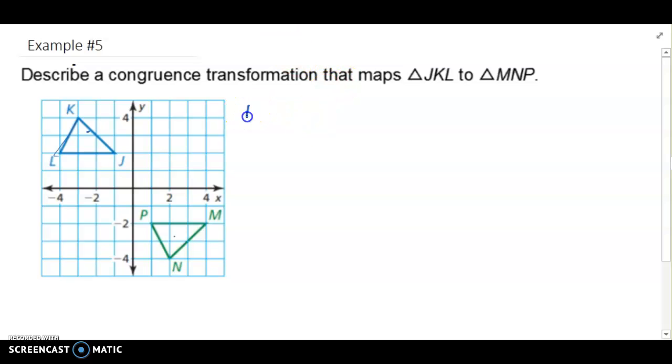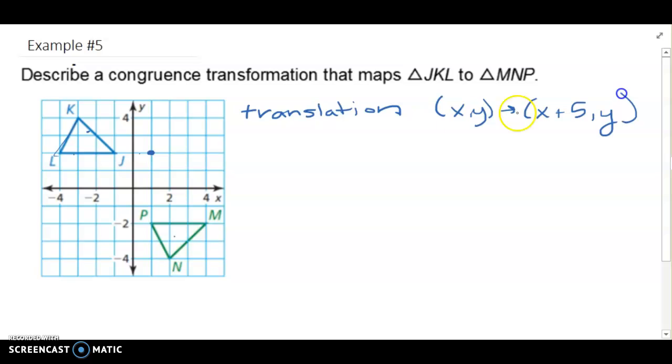The first thing I see is a translation. If we translate this, I don't know, 1, 2, 3, 4, 5, 5 right, and then not up or down, I can say x, y goes to x plus 5, y. What we would get is this would be here.